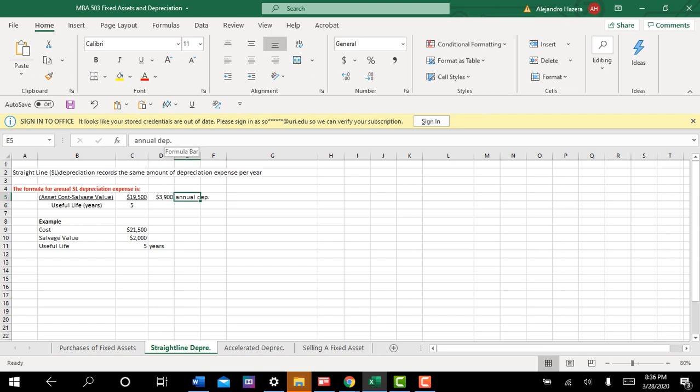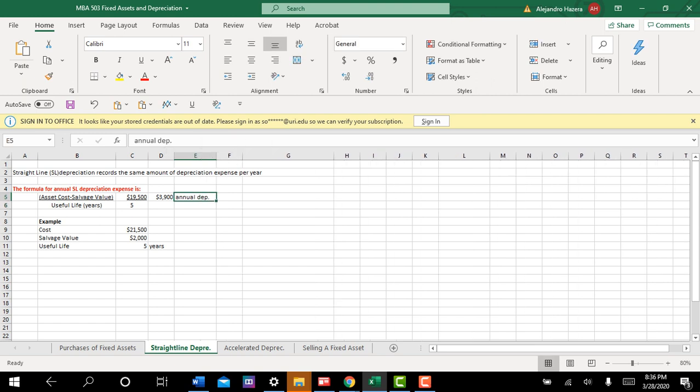And in this example, that depreciation will not change. You will record $3,900 in depreciation every year of this example. Now, this means that you assume the asset will be equally productive over each of those 5 years, which is not generally the case, but straight line depreciation is used for simplicity in many cases.